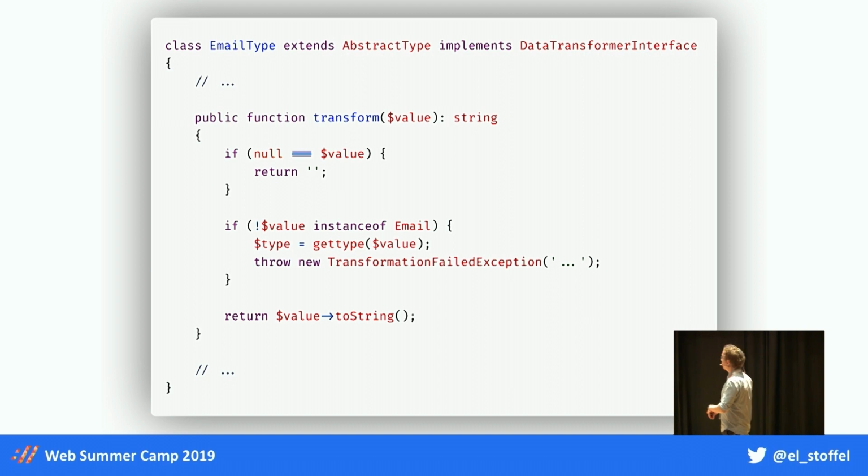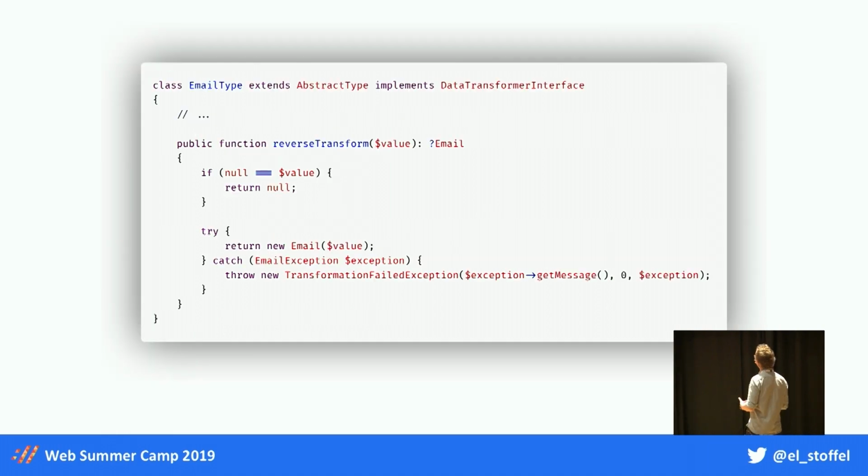So for example, if we check for email, or in our case, it will be another value object, and it's not the same object as we expect, we can throw a transformation failed exception. Or in the other implementation, in the reverse transform, we can catch a domain exception, for example, and upcast it to a transformation failed exception.